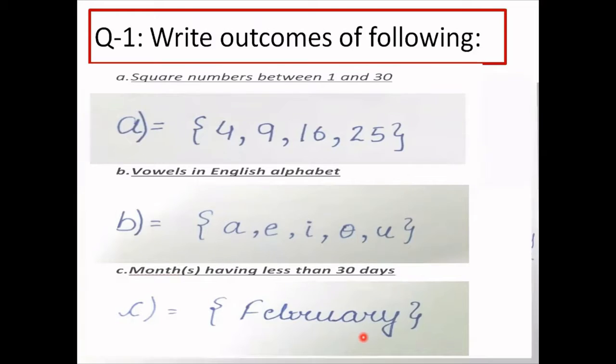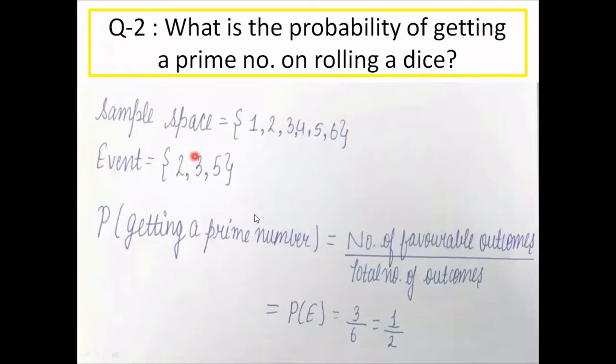Now let's move to question number 2. This question is a very important question. It says, what is the probability of getting a prime number on rolling a dice? First of all, we will take out the sample space. Sample space we will write 1, 2, 3, 4, 5 and 6, and events are the favorable outcomes, which are 2, 3 and 5. 2, 3 and 5 are the only prime numbers in our sample space.